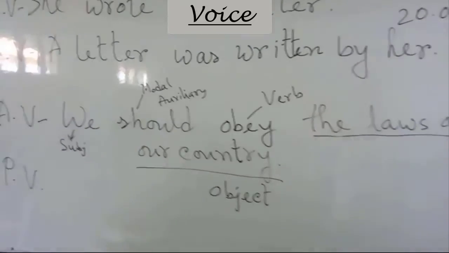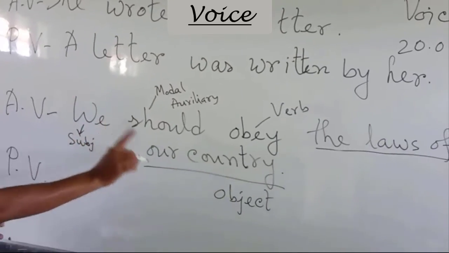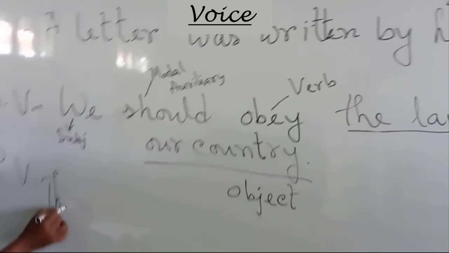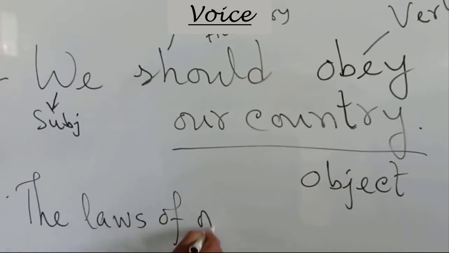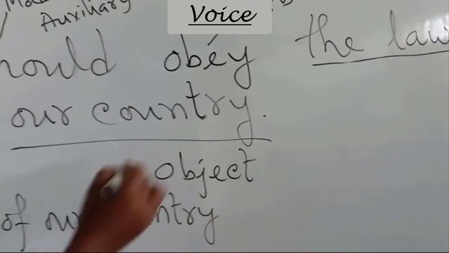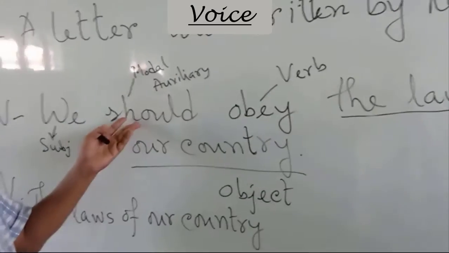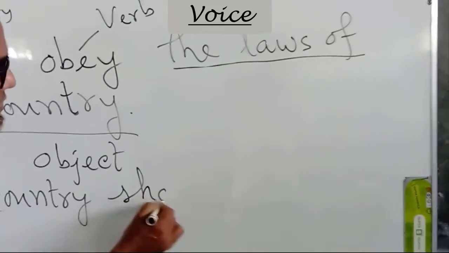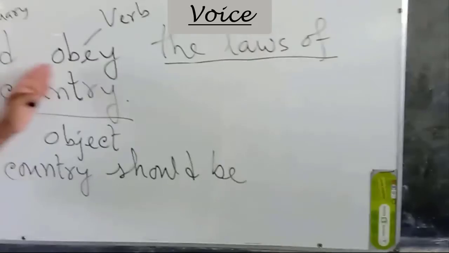So, according to the rules of passive voice, the laws of our country will come first. The laws of our country, and since there is a modal auxiliary, the laws of our country should be obeyed.